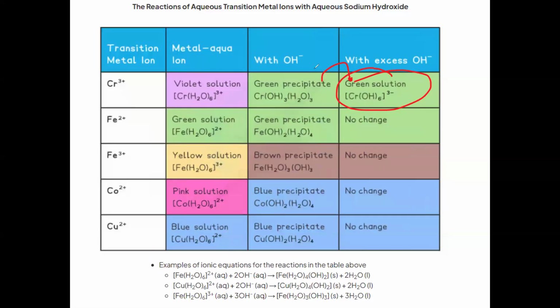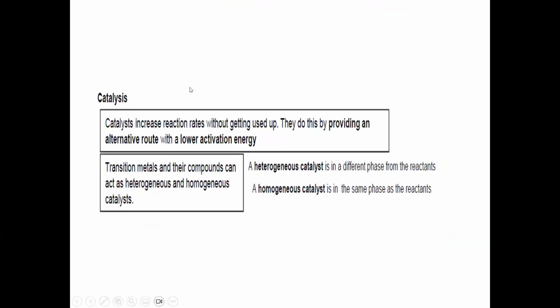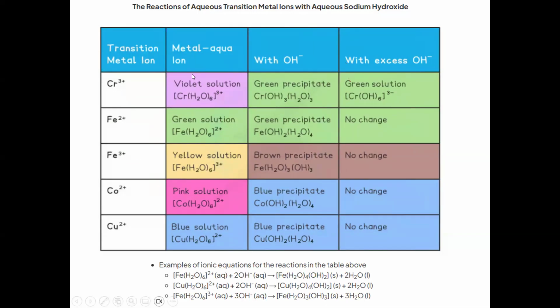This indicates that the precipitates are soluble due to the amphoteric nature of the hydroxide, which further deprotonates, losing a proton. Is it clear? The colors of the complexes and the solutions. Anyone having a doubt or a question?